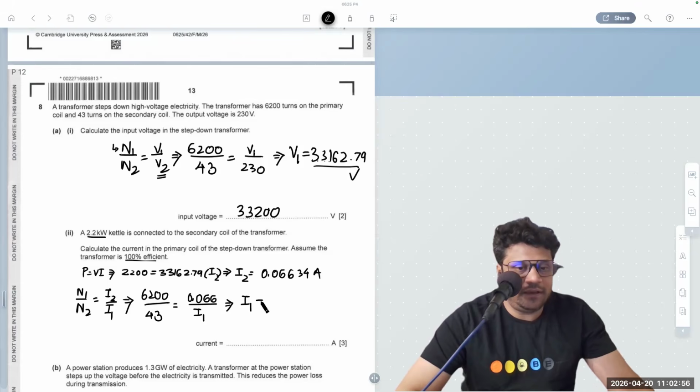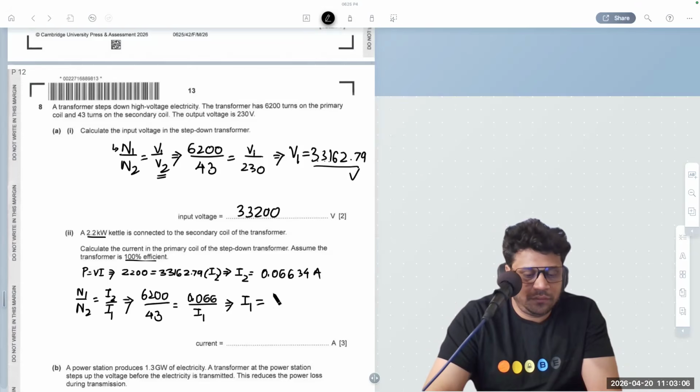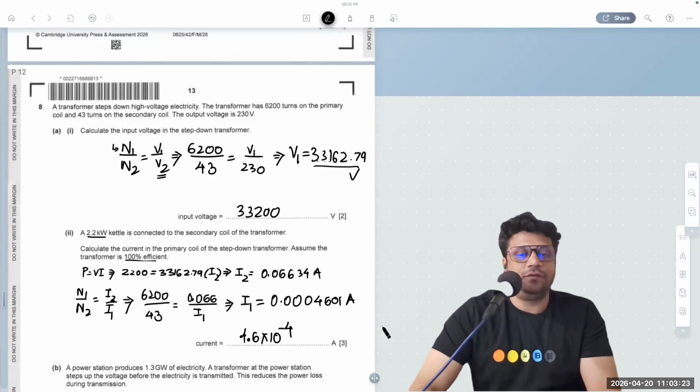So I1 comes out to be 0.0004601 ampere. I'm going to write it as 4.6 into 10 to the power of minus 4 amperes.